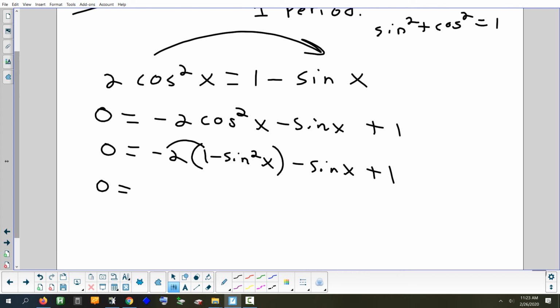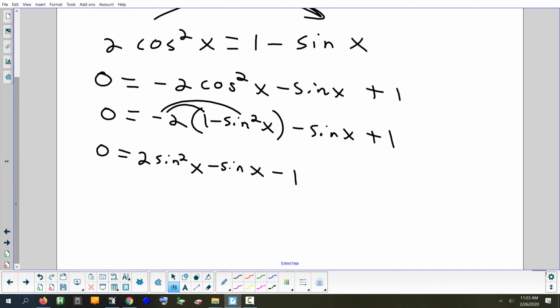Negative 1. Minus times a minus. This is why I did it this way. Minus times a minus gets rid of that minus, and now it's a plus. So 2 sine squared x minus sine x.